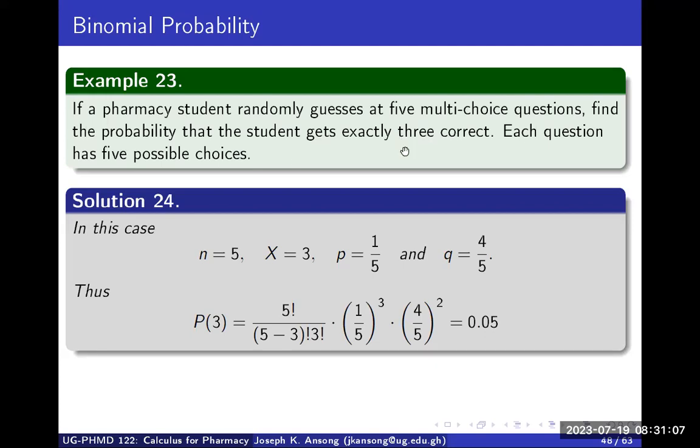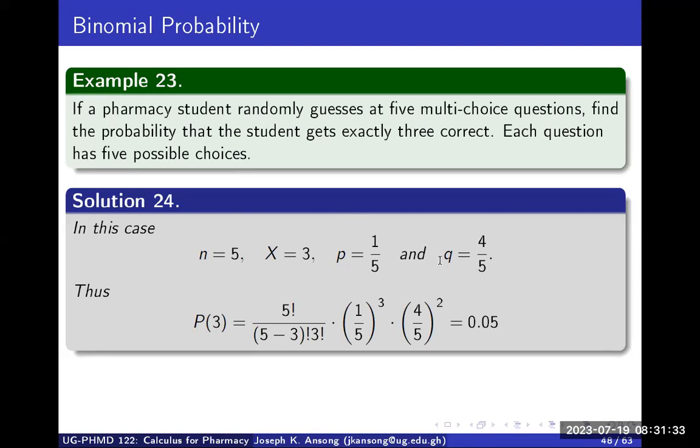Let's see the probability. There are 5 multiple-choice questions, which means the number of trials in this case is 5. The number of successes, we want 3 correct ones, so it's 3. For the probability of success, each question has 5 possible choices, so the probability of choosing the correct answer is 1 out of 5.